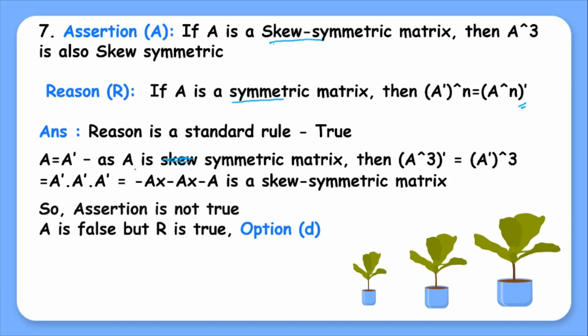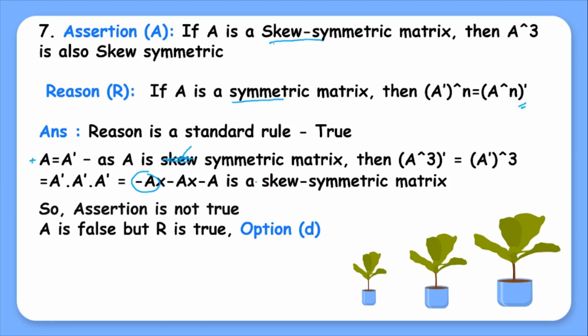If A dash is minus A, as in question number 6, now it is skew symmetric means it is minus A. So you have to write minus A here. The first statement, A equal to A dash, is symmetric. Now if you consider it as skew symmetric, this is correct.